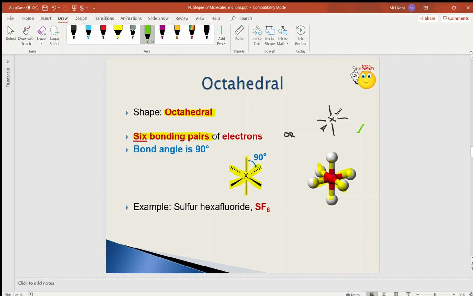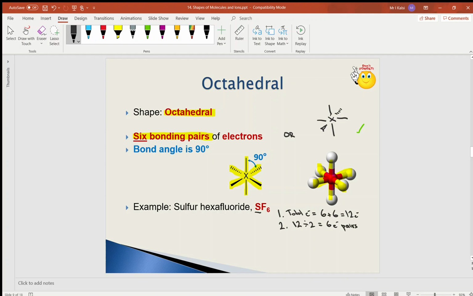So let's try and work out what sulfur hexafluoride will give us. Hopefully it gives us an octahedral shape. So the total number of electrons is equal to the central atom, which is the sulfur, the group number of it, which is group 6, plus the number of atoms around it, which is 6. So that's 12 electrons in total. To work out the number of electron pairs, you take this number 12 and divide it by 2. So that will give us 6 electron pairs.